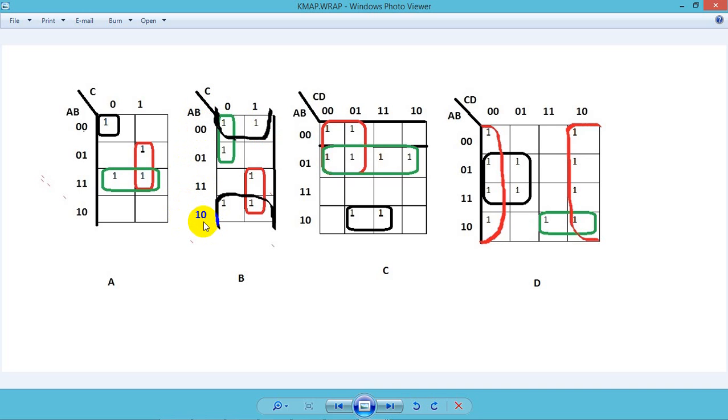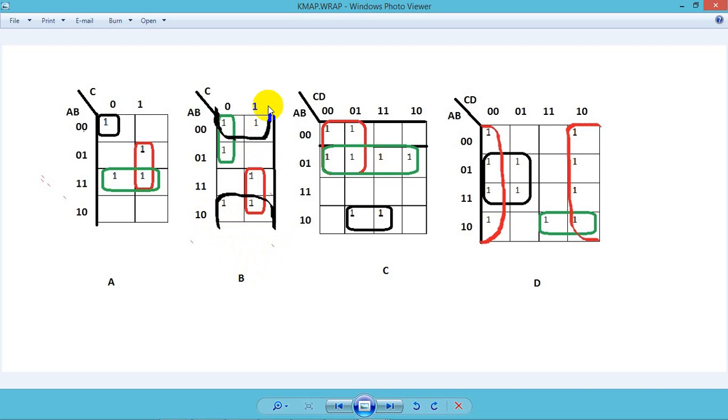It means B is there, but B is 0, so we have to complement it. Now when we come to the C side of the wrapping group, you can see that C was at 0 and it moved to 1. It means we just knock it out. So for the wrap, we will have B complement as our expression.